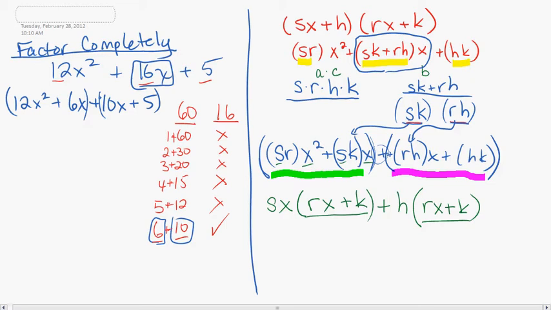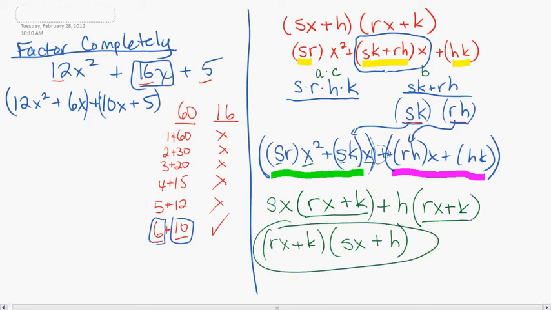When I do that, I get rx plus k factored out, and what I'm left with is sx in the first term and h in the second term. Notice that this is exactly the same as what we started with. So I can factor completely in this way, because I started with something I knew I expanded, and I refactored it.